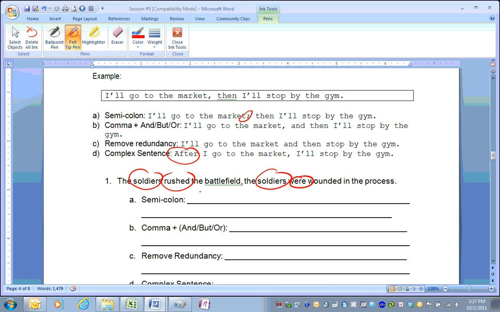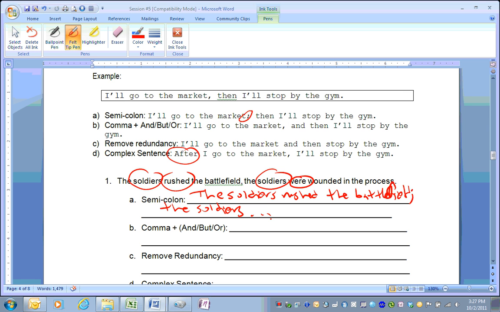So you could say this: the soldiers rushed the battlefield, and then a semicolon. The soldiers, blah, blah, blah, whatever. So that could work.